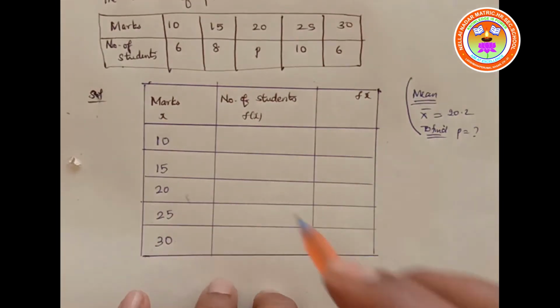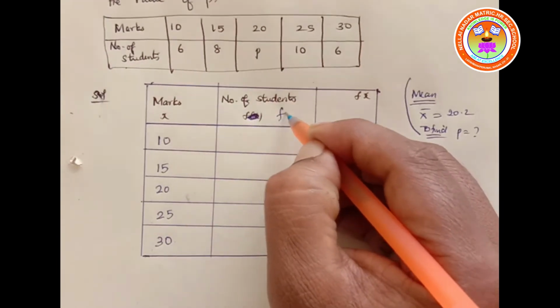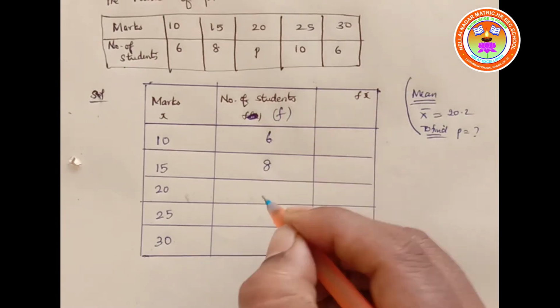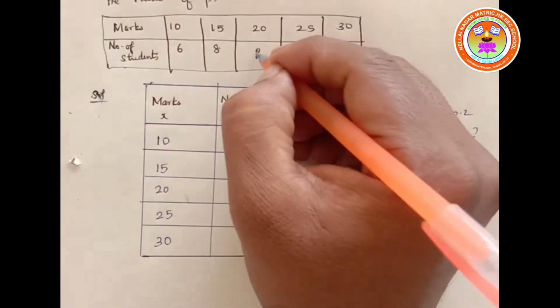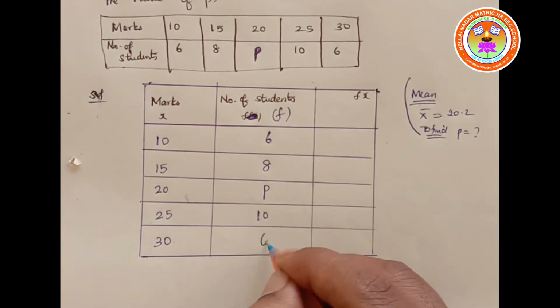And f, frequency f, is 6, 8. I consider this value as P. This is P. 10, 6.